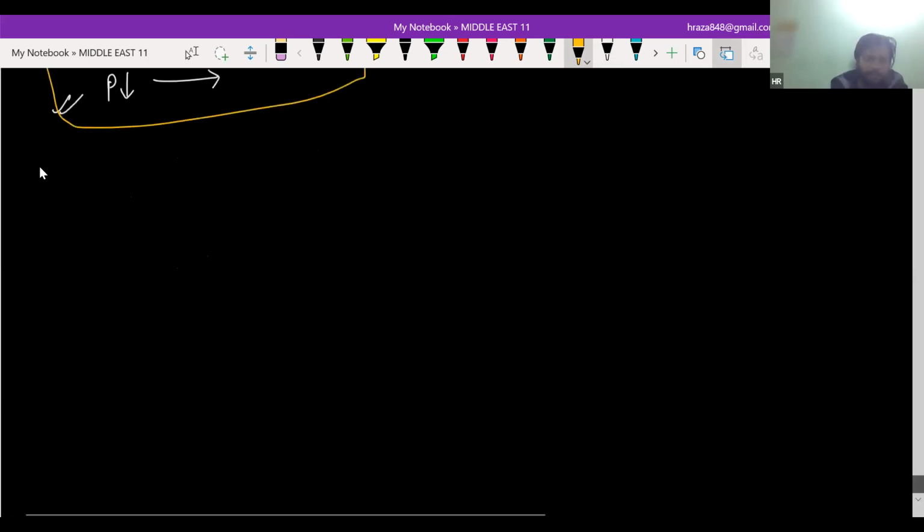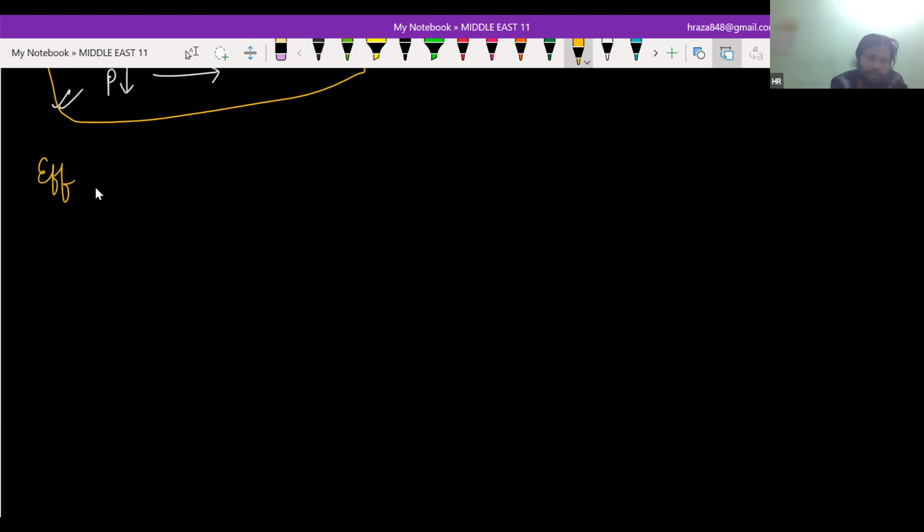Moving to the next effect, which is the effect of temperature.